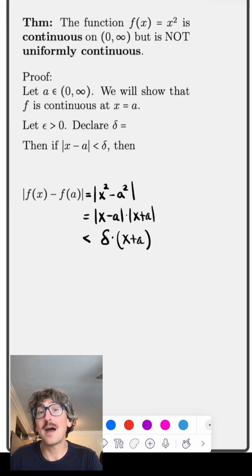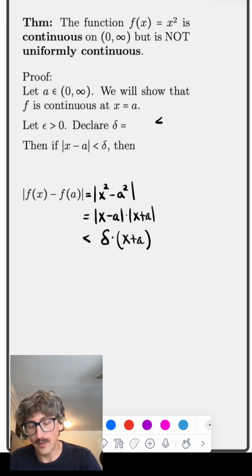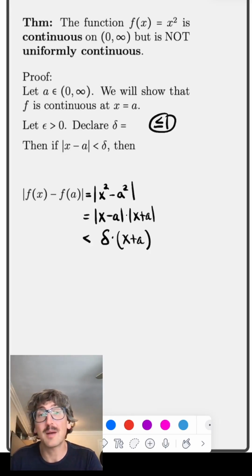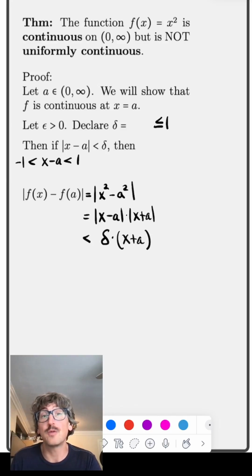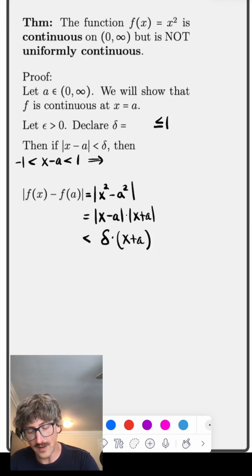Okay, so here's where some magic happens. I'm going to make a note to ourselves now, but I'm going to make sure that delta is less than or equal to 1, right? We'll be more precise later. But if that's true, then whenever the absolute value of x minus a is less than delta, that must mean that the difference is less than 1, so that number has to be between 1 and negative 1. And now if I do some solving, that means that x has to be between a minus 1 and a plus 1.